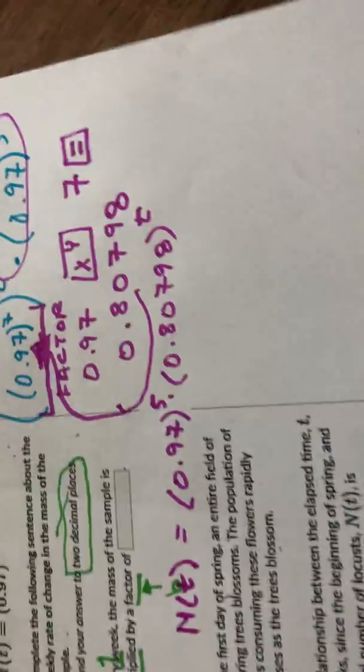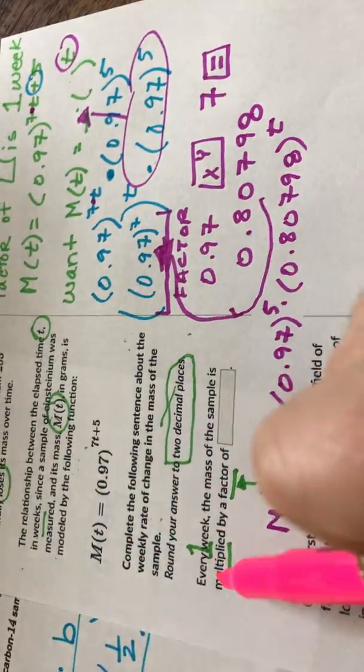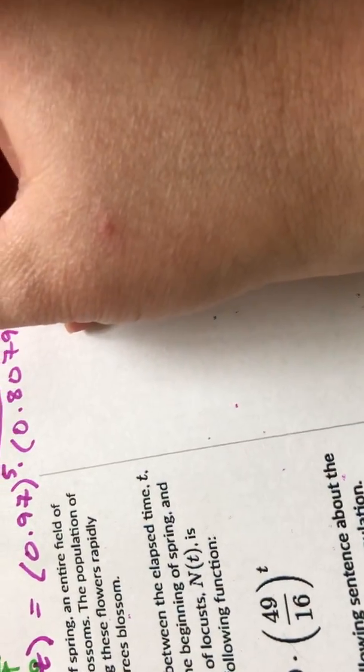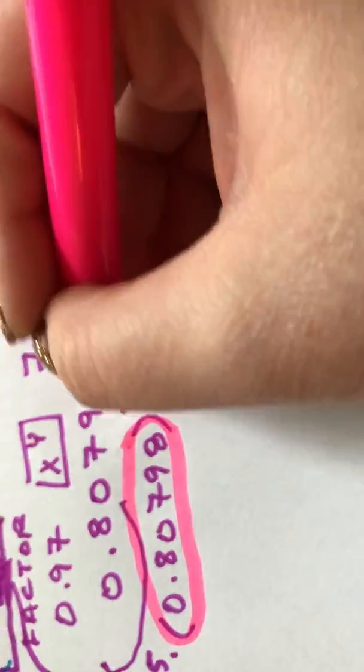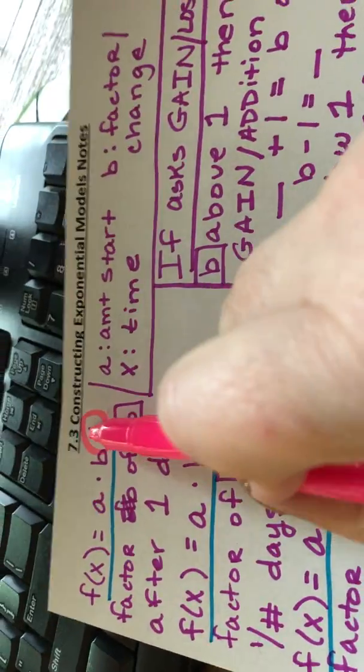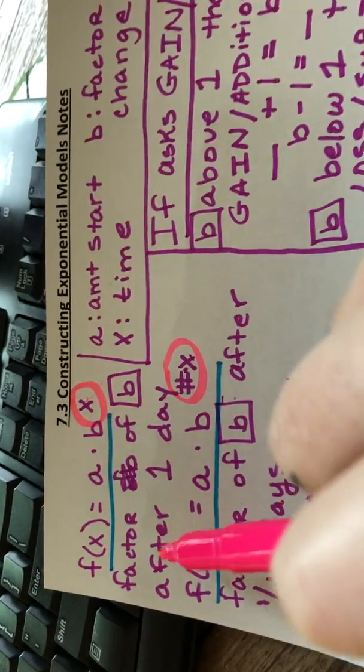So let's see. I can answer my question. It said after 1 week, the mass of the sample is multiplied by a factor of, well, here's my factor. And I know it's every 1 week because I have a naked t. And remember in 7.3, if I have a naked letter in the air, it means after 1 week or 1 day.